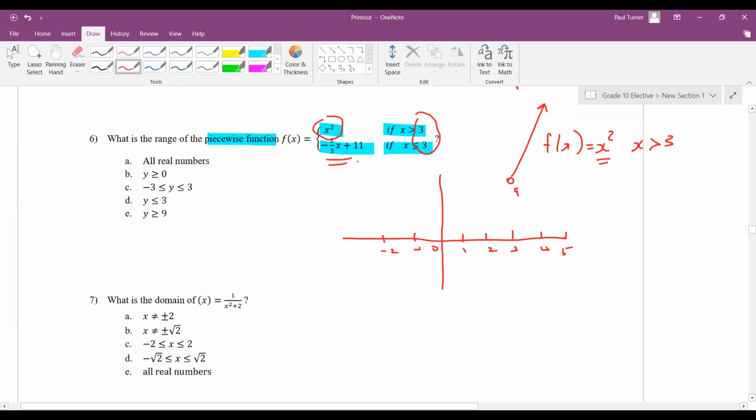But this is a linear graph. So if you put 3 in here, you'll get 9 here. So let's color that in. Like that. If you put 2 in, you're going to get minus 4 times 3 plus 11.